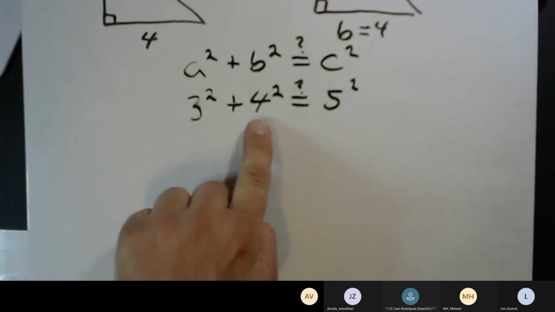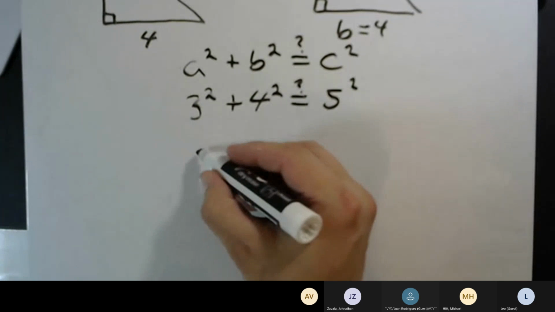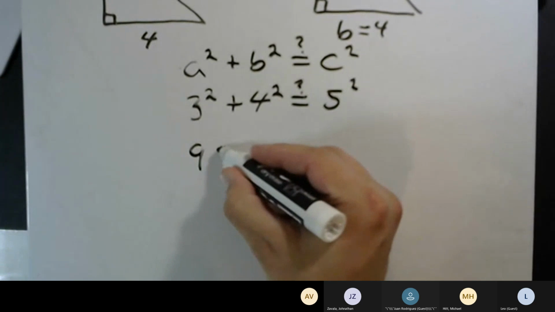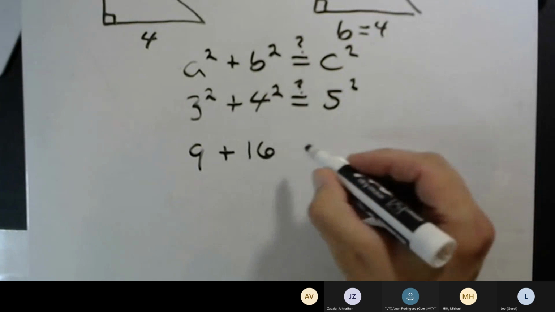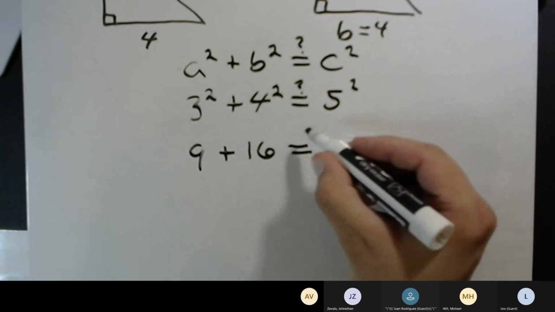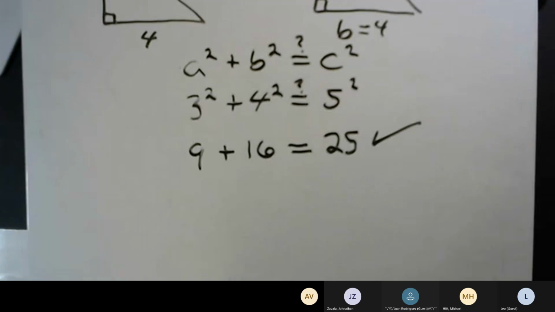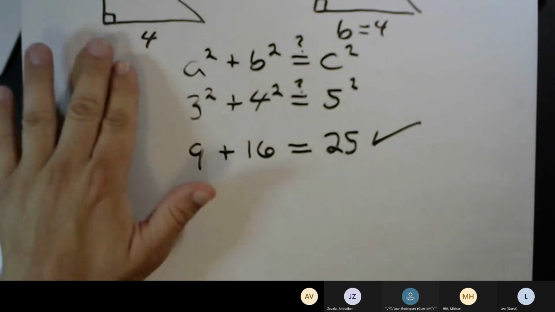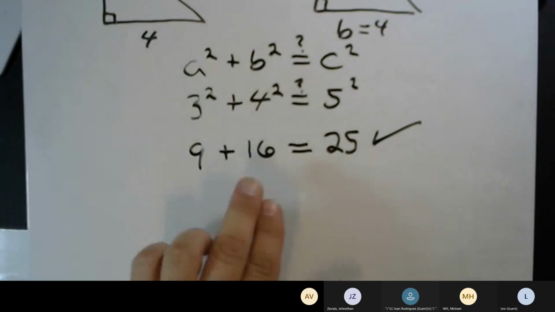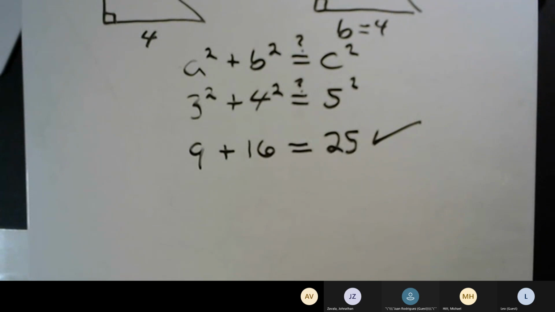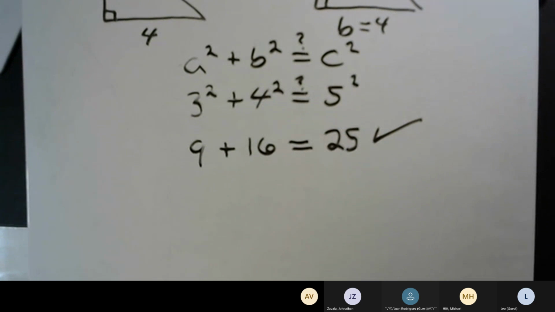Now, if we square these, this is 3 times 3, that's 9. This is 4 times 4, that's 16. Does this equal 25, which is 5 times 5? It does. So sure enough, the Pythagorean theorem works for this right triangle, and it's only guaranteed to work for right triangles. So that's the Pythagorean theorem.